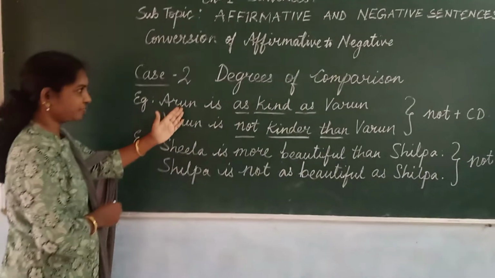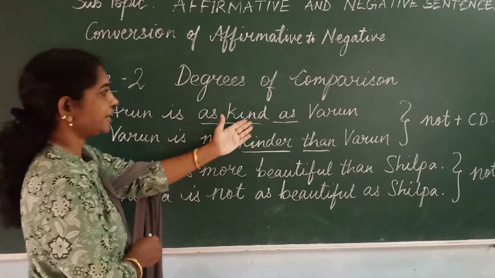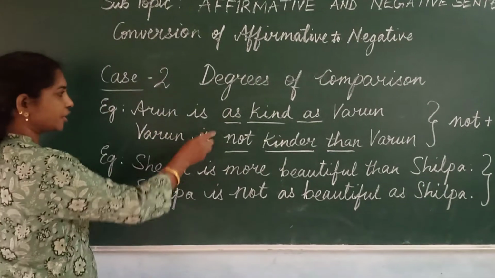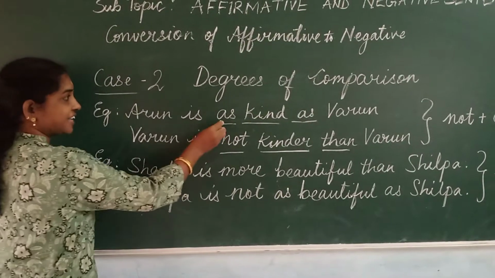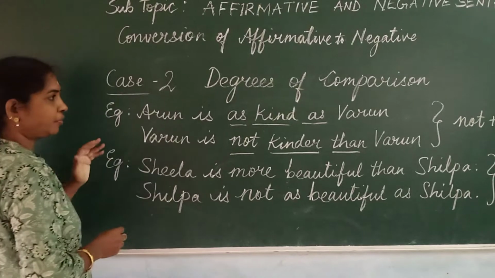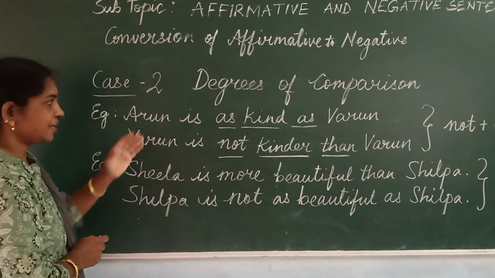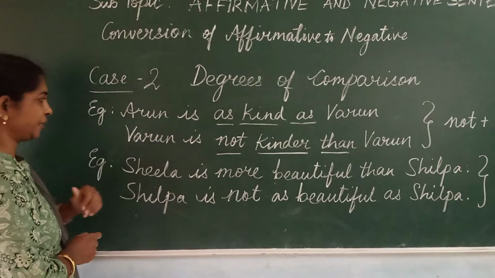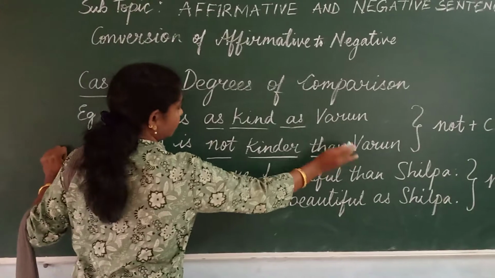Now suppose the sentence is Arun is as kind as Varun. So here the sentence is in positive degree, as kind as. Now I need to convert it into a negative sentence. Let's check how I am doing it. Arun is not kinder than Varun.